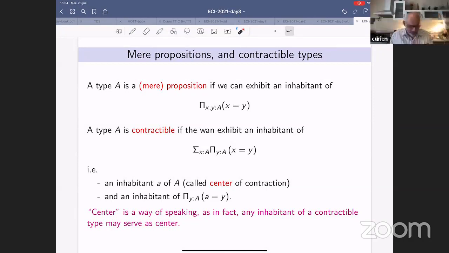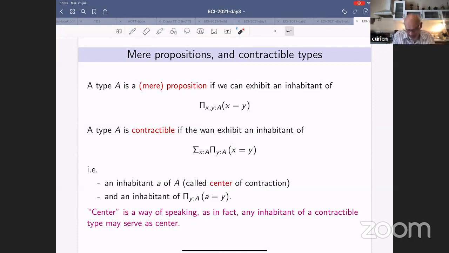Okay, so going back, we have a notion of proposition, which you can think of as follows: in your type there is no more information than the fact that it is inhabited or not.